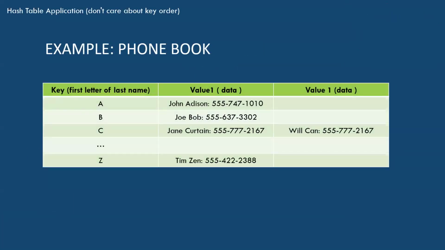So phone books, we could do things like hash based on the first letter of somebody's last name. So in that situation, we're just really taking a key that's one letter. So that's a very simple key, probably not a really great one, but it's basically saying, okay, anybody with an A in their last name is going to hash to the same bucket, right? Everybody with a B is going to hash to another bucket.